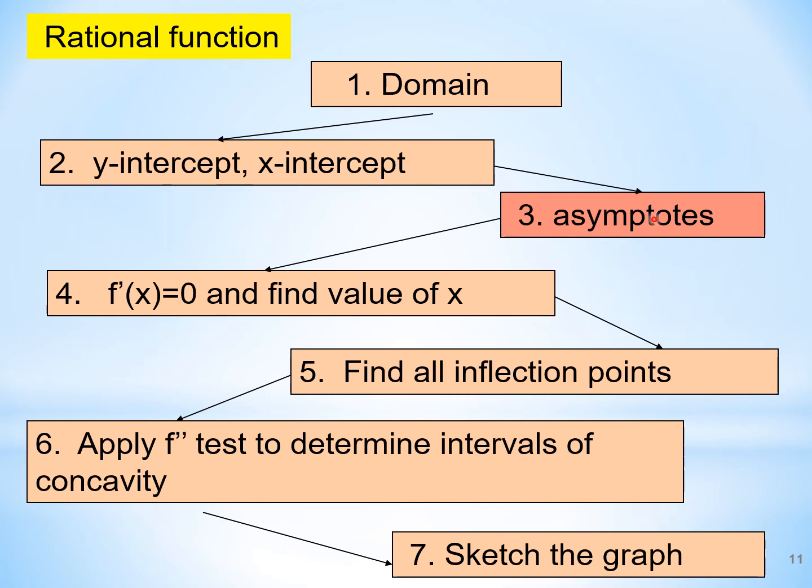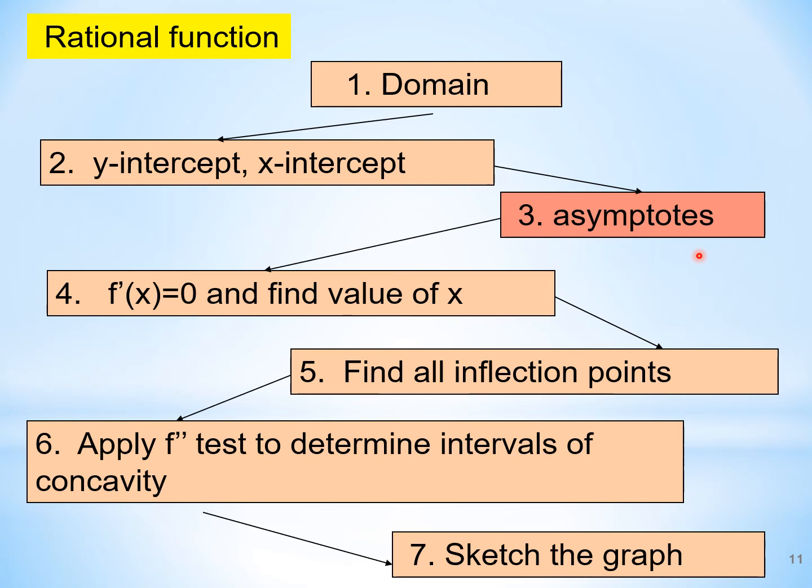Okay, let's recall. The first step is domain, similar with the previous polynomial function, and then the second step you're going to find y-intercept, and of course, the x-intercept. Previously you just need to find y-intercept. Now you need to find both y and x-intercepts. And then the third step, this is extra, you need to find the asymptotes.